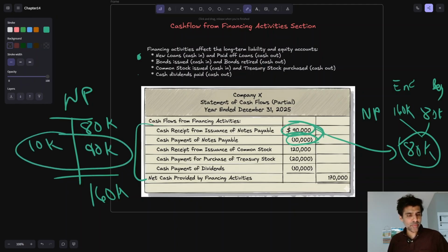And somehow you'll have access to information that will tell you how this is split out. But remember that it is split. Okay, you can't just look at the net change and assume that you've taken on new loans of 80,000, because that's not right. You actually took out new loans of 90 and you paid off 10.